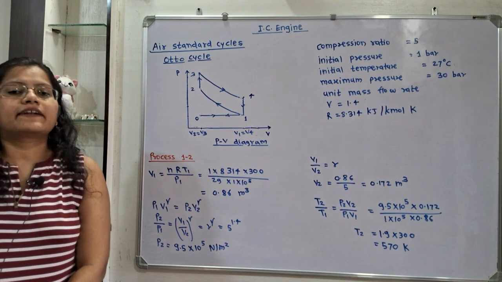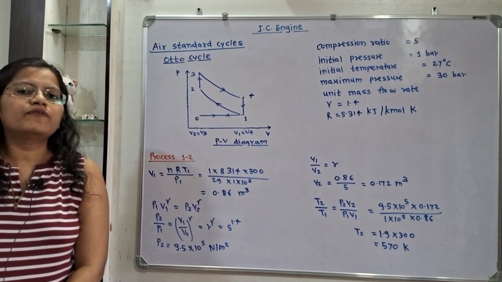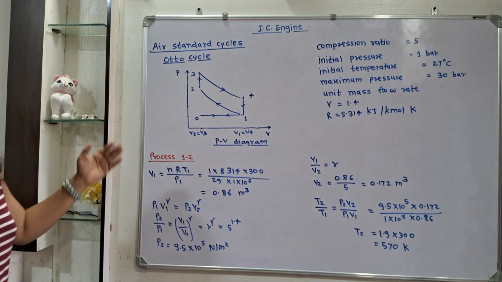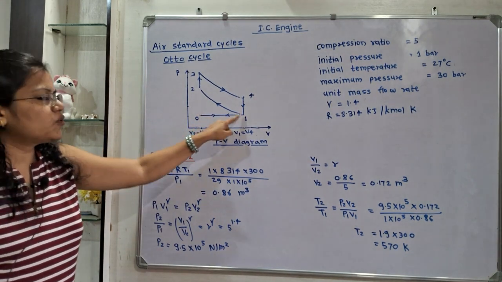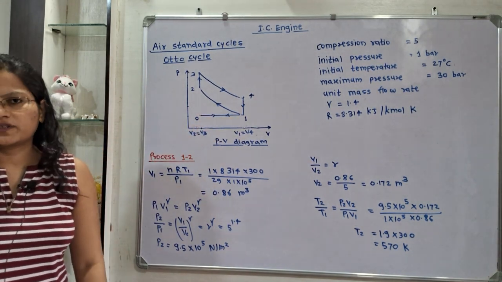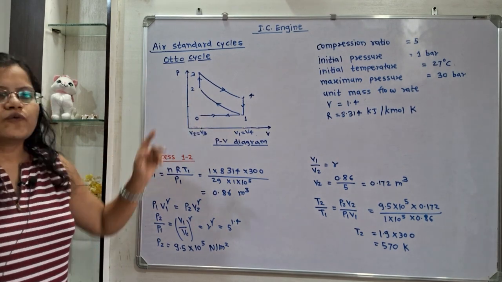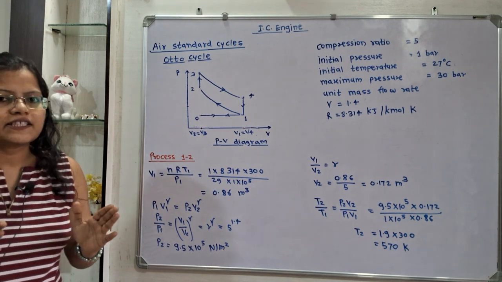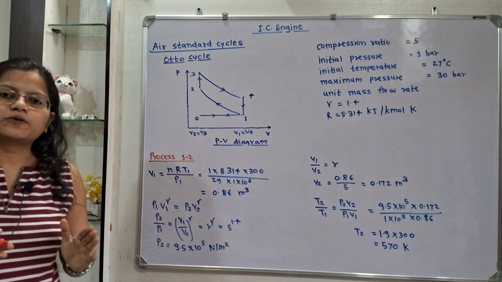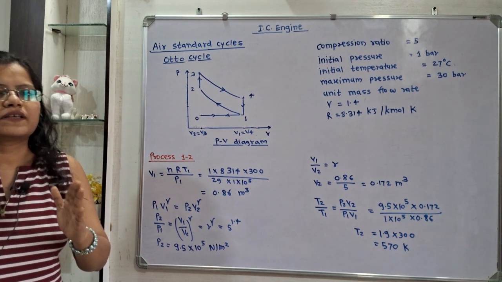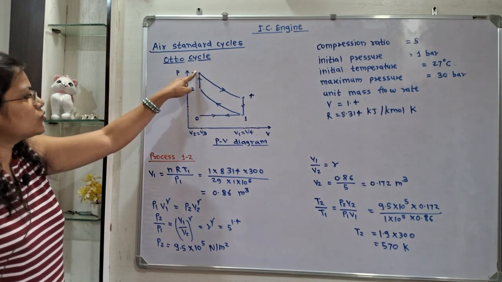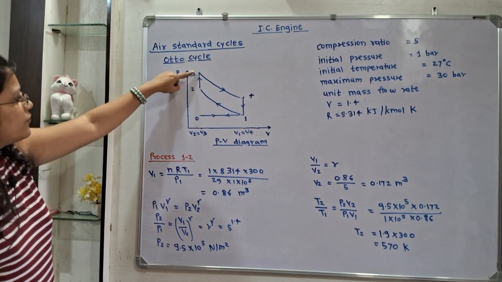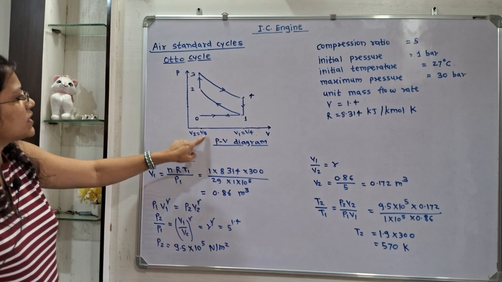Let us understand the given data with the help of the pressure volume diagram of the Otto cycle. If we observe, process 0 to 1 is the suction process. Process 1 to 2 is where the air compression is taking place, and this is an isentropic compression process, that means entropy remains constant. Process 2 to 3 is the heat addition at constant volume, so the volume V2 is equal to V3.